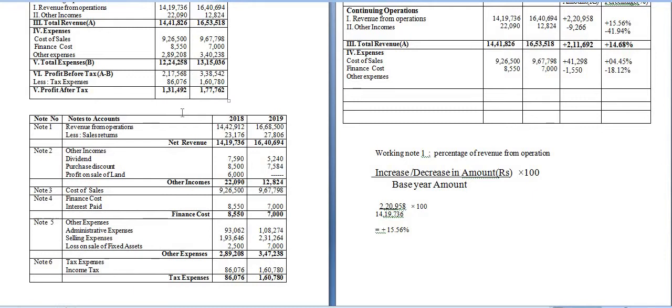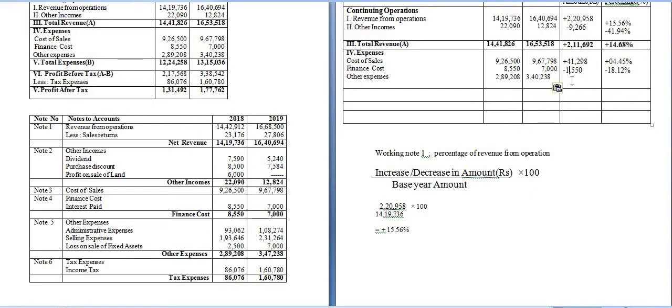Okay, 2,89,208. Now take the total here for 2018, 2,89,208. Okay, so write here. Next one, 2019, 3,40,238.